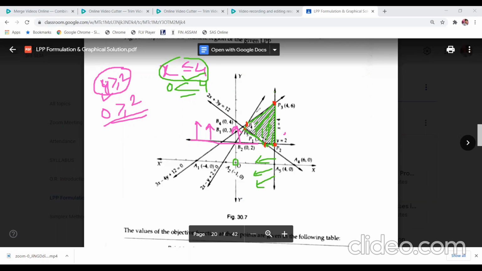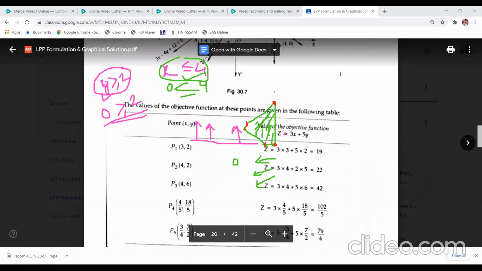And after getting the 5 corner points, you need to find out the value of z. So now see here.